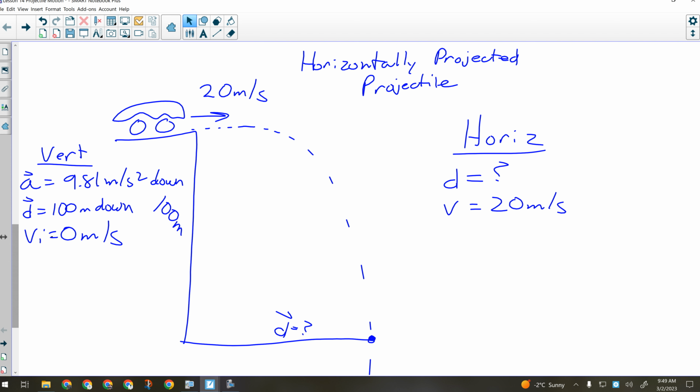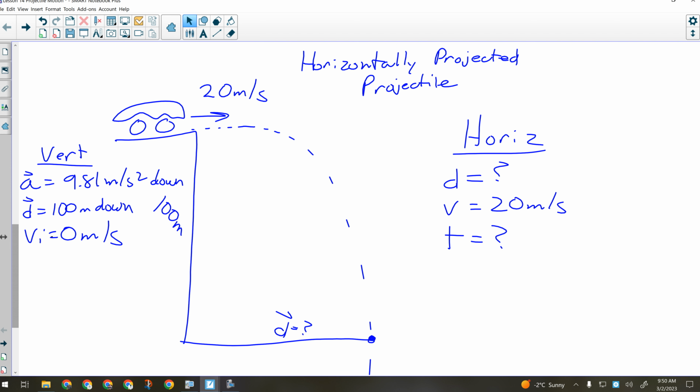All right. If I want to find the horizontal distance, I need the time, agreed? Because we said it's going to travel at a constant velocity horizontally. The formula for constant velocity is v equals d over t. Vertically, it's going to accelerate. Do I have enough information here to calculate how long it falls for? I do.